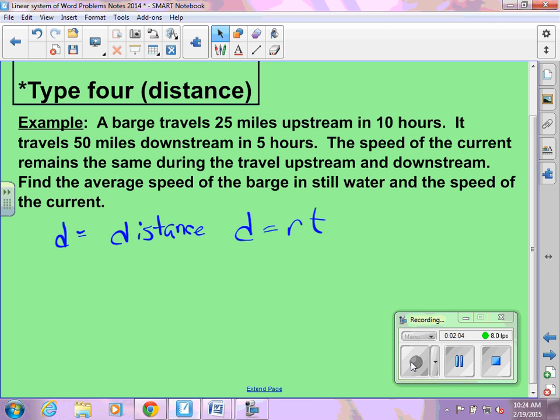I know that R stands for rate, and T stands for time.